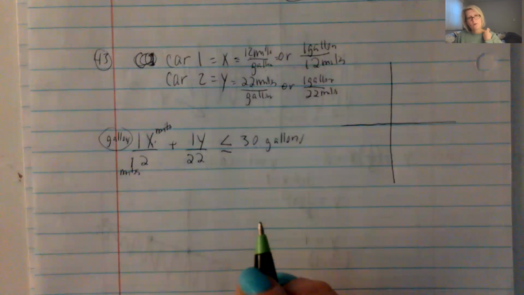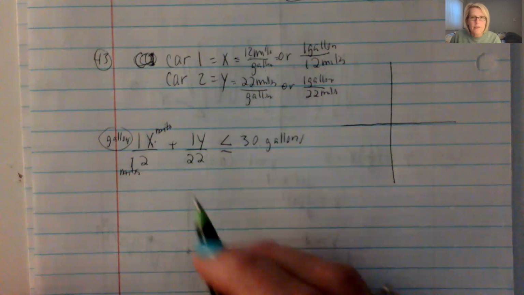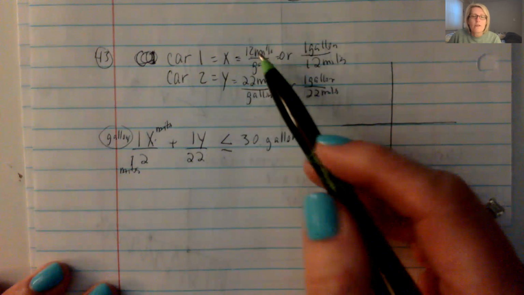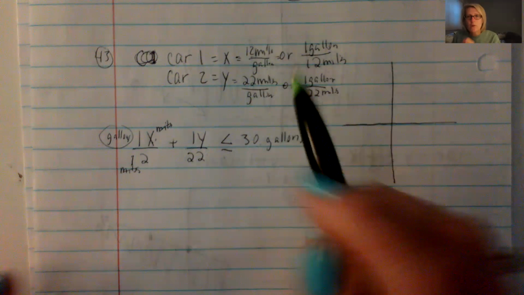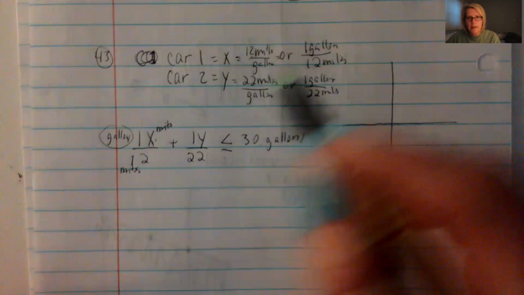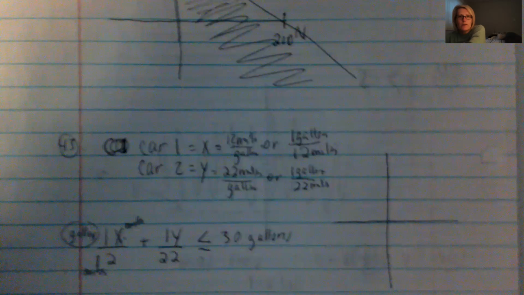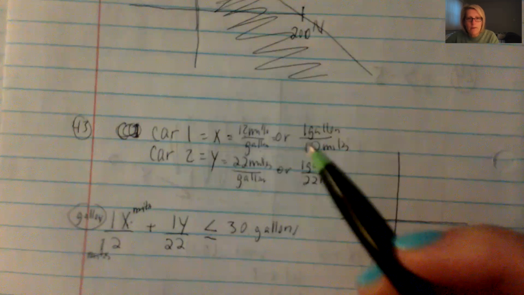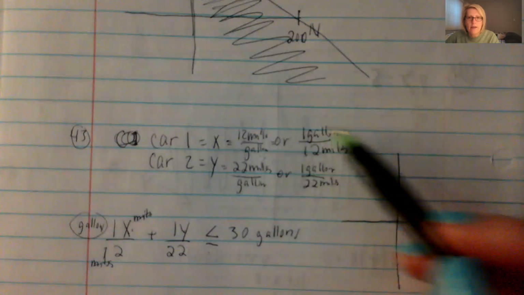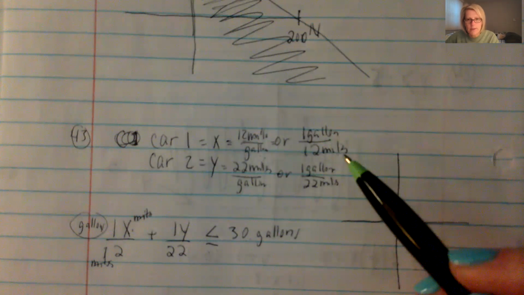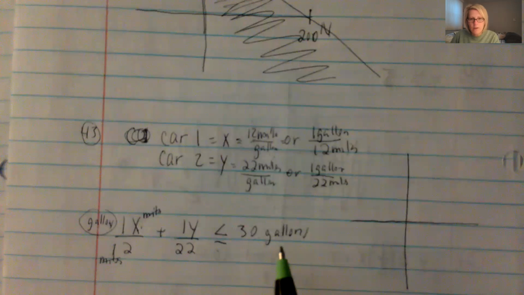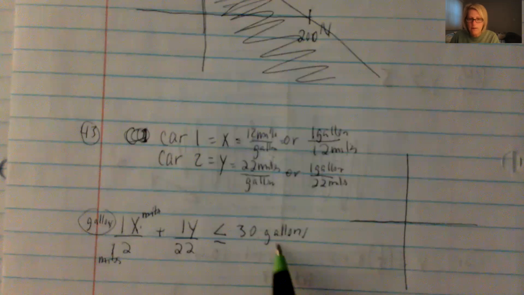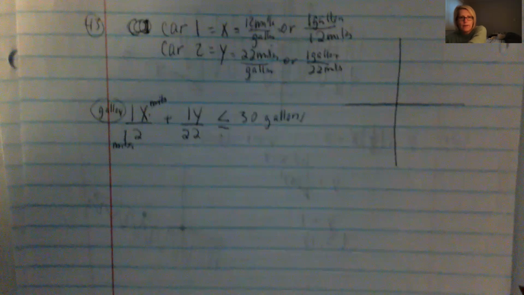So hold tight. The reason I did that is because 12 miles per gallon is just a true statement and we can write it in either way. I chose to look at it as for 1 gallon of gas, I can drive 12 miles, because they told us we wanted to hold at the end in gallons. We wanted to be controlling by this 30 gallons.